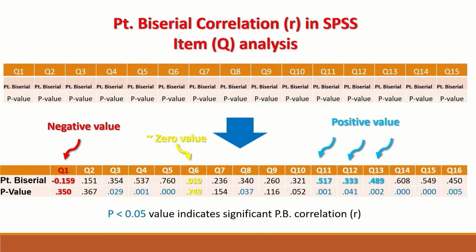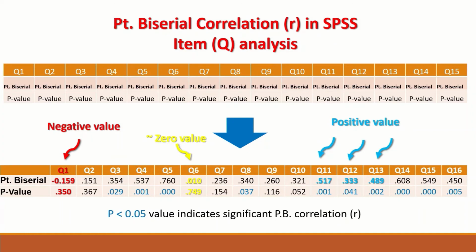Question 12 is also a good question, as its value is 0.33 and the p-value is less than 0.041. The same goes for question number 13. We can call it a very good question, as the R value is 0.48 and the p-value is very low.